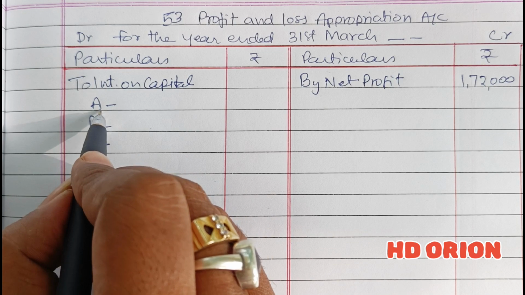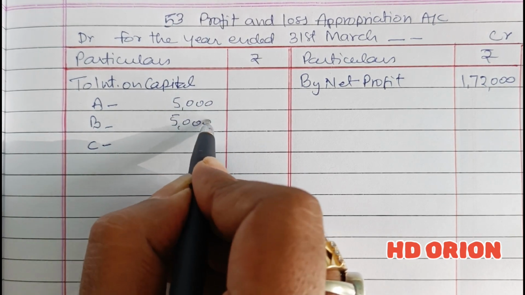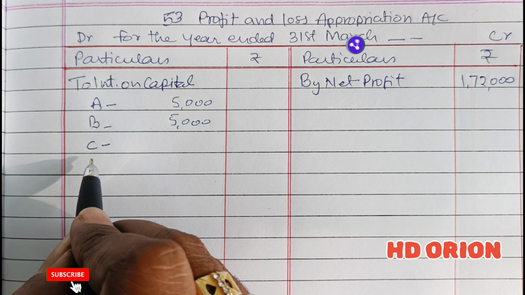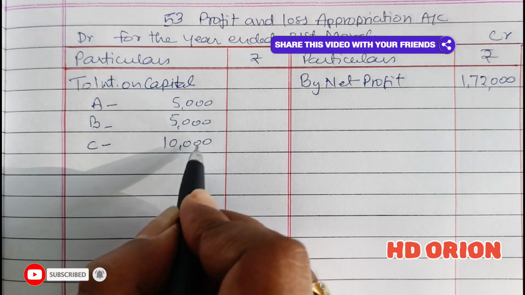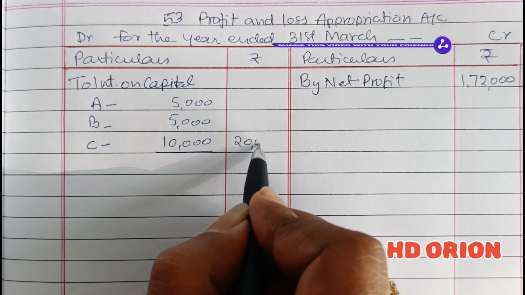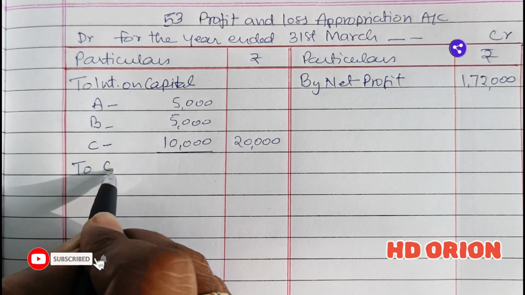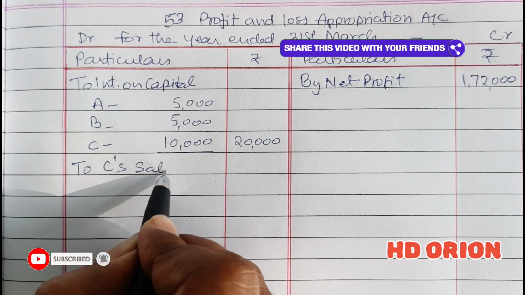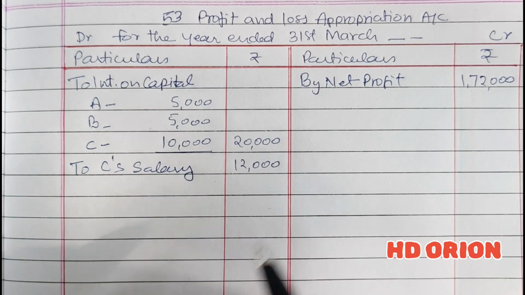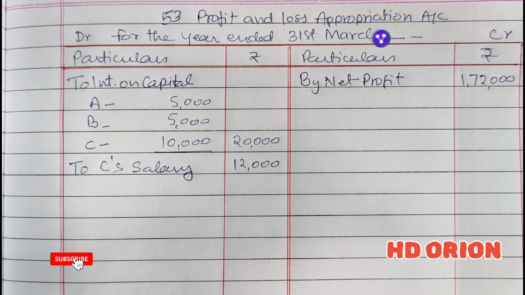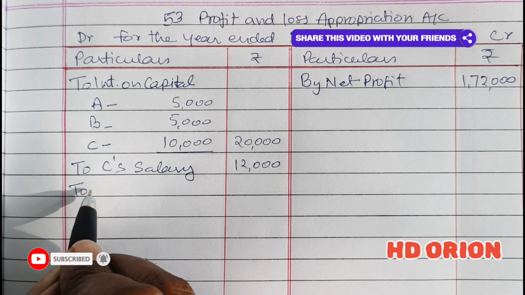So 50,000's 10% is rupees 5,000 for the first two partners A and B, and C's capital is rupees 1 lakh, whose 10% is 10,000. So it is 20,000 as interest on capital. Then, as given in the question, salary to C, rupees 12,000 per annum. And now the remaining profit, the balancing figure, has to be distributed.